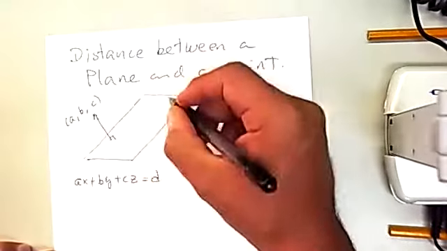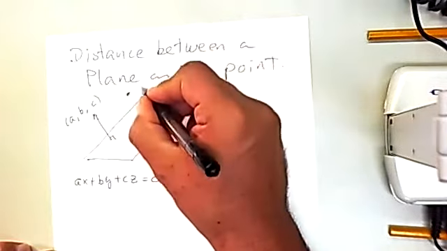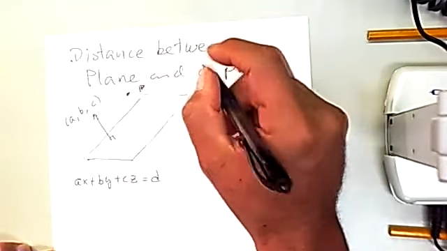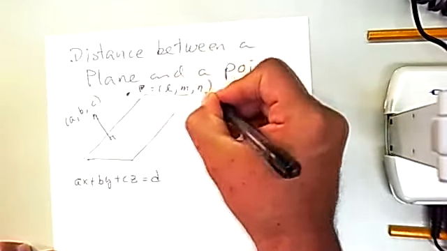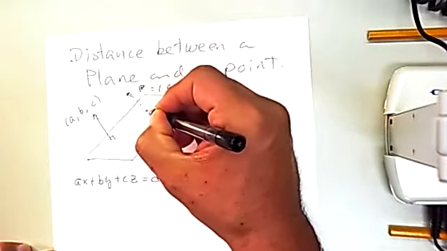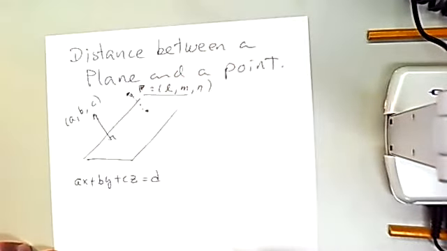And let's assume P is here. P would be a point off the plane, capital P, with coordinates L, M, N. And we want to find this distance from P to the plane.